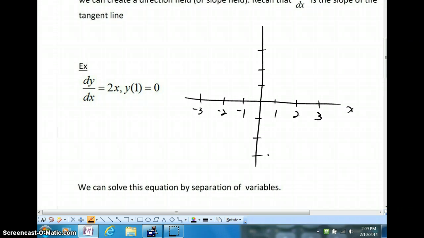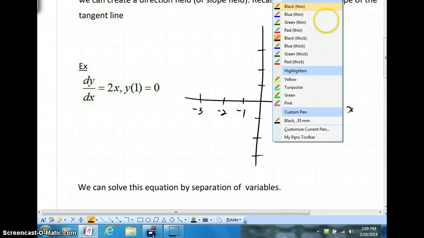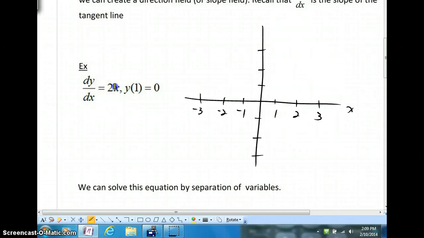We very well could venture off 4 and -4. But regardless, as we're looking at this differential equation, dy/dx, the slopes of the tangent lines are only dependent on what coordinate? The x-coordinate. So in other words, if I ever wanted to know the slope of the tangent line at a given point, it's completely independent of the y-coordinate of the point.